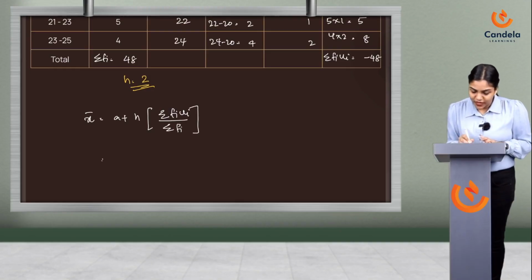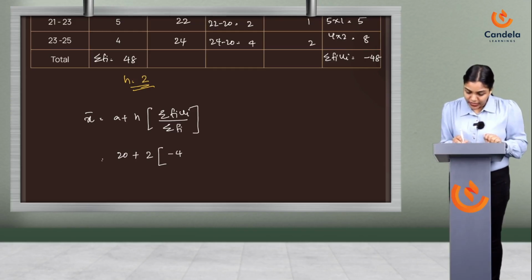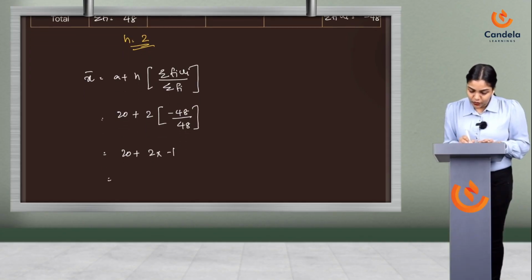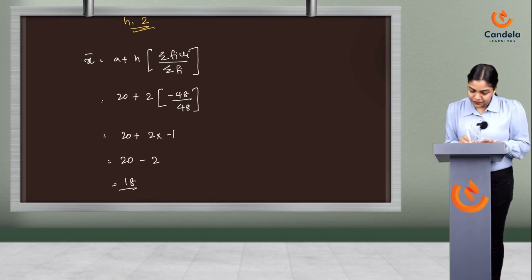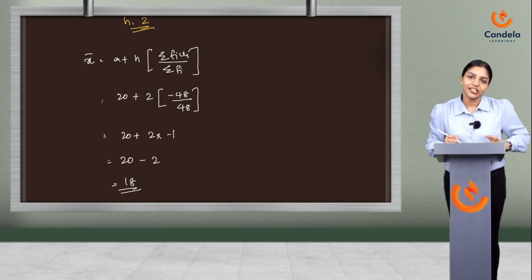So when you substitute the values, it will be equal to 20 plus h, we have it as 2 into sigma fi ui, we got it as minus 48 divided by 48. This will be equal to 20 plus 2 into minus 1, which is equal to 20 minus 2 equal to 18. That's it. So simple. We got the mean of the given data as 18.